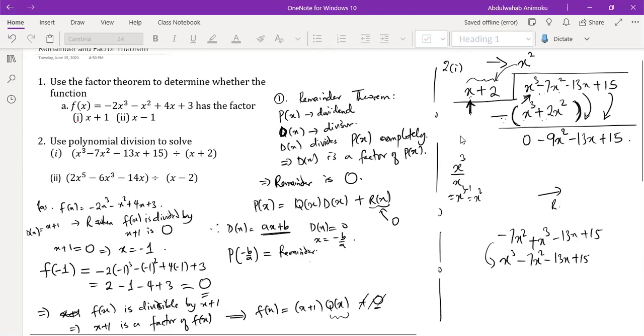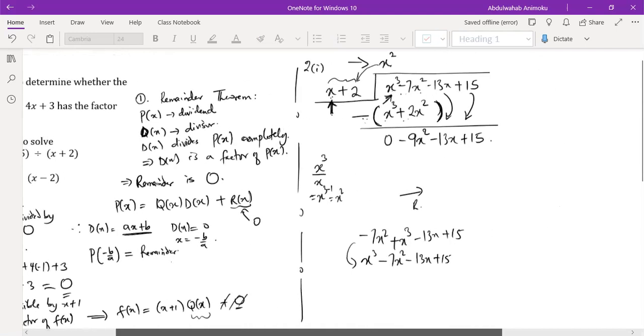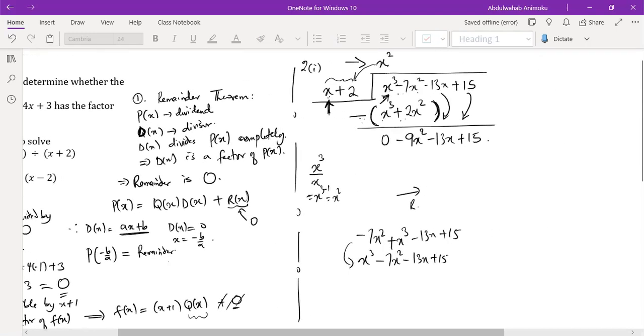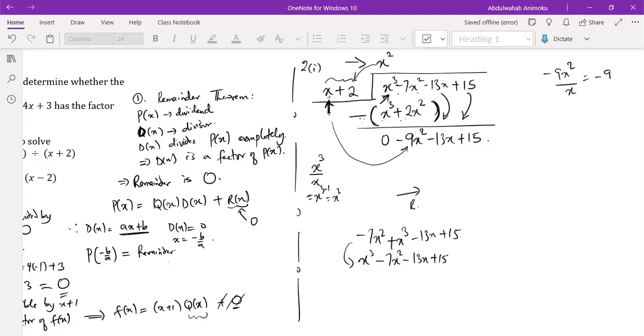The next step is we divide, we go again, right? So we'll do the same thing again. x now going into minus 9x squared, right? And what would that give us? Minus 9x squared divided by x is minus 9x. So the next term in the quotient is minus 9x.